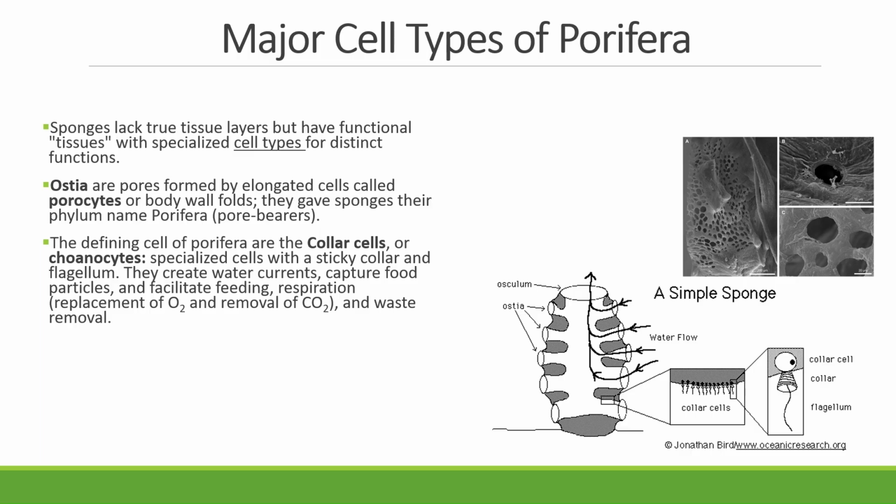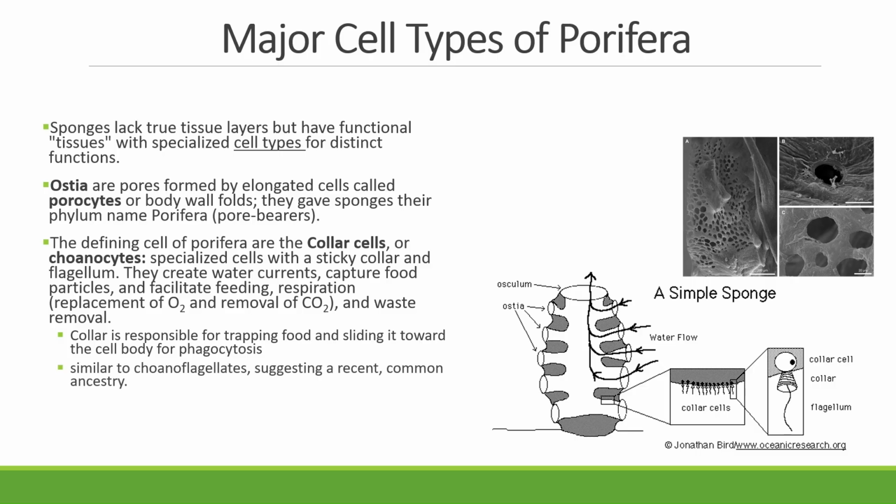Each choanocyte has a sticky collar made of microvilli wrapped around a single flagellum. When the flagellum beats, it pulls water through the collar, trapping food particles that are then moved down to the cell body and eaten by phagocytosis.